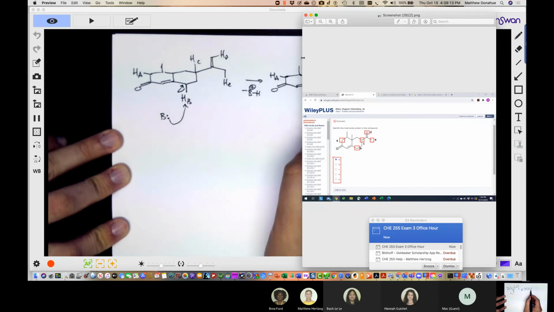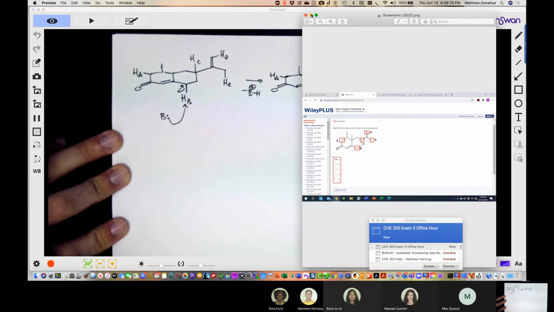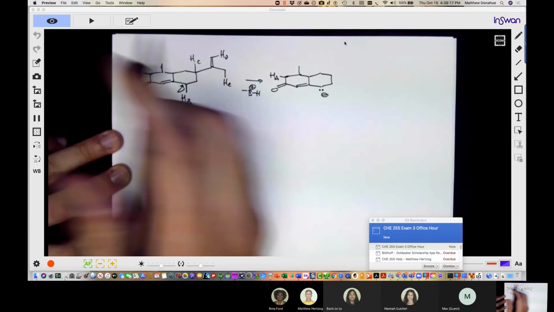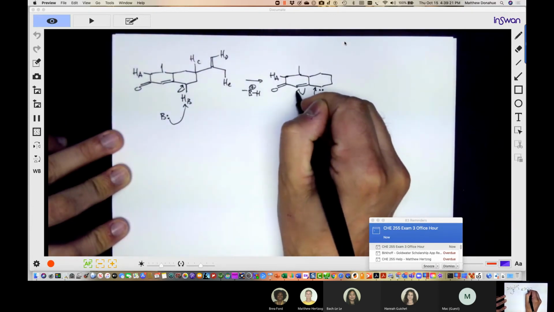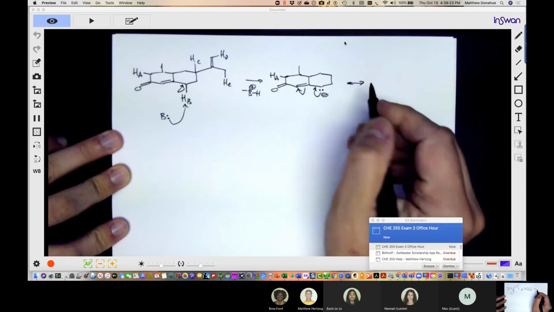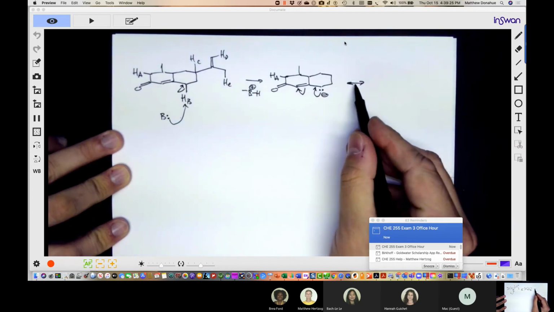Here's your base. Now this negative charge is now delocalized through resonance. So here's your resonance arrow.